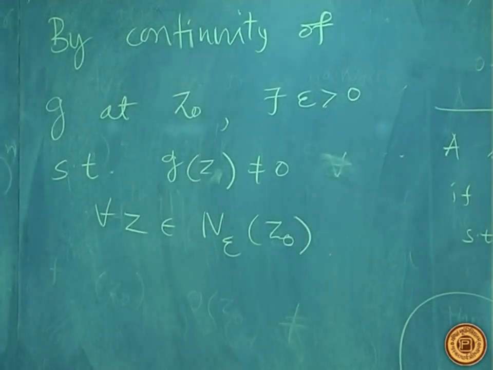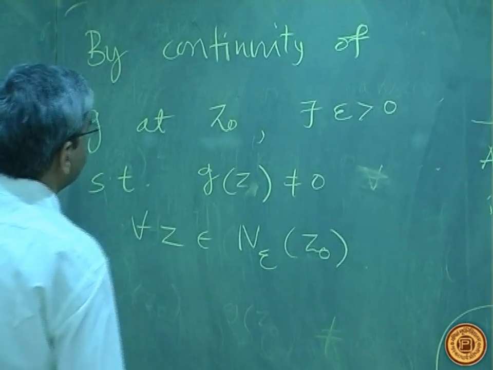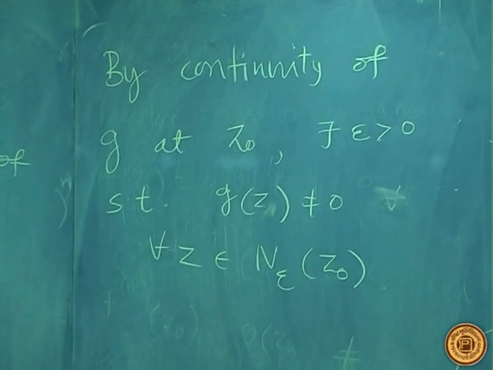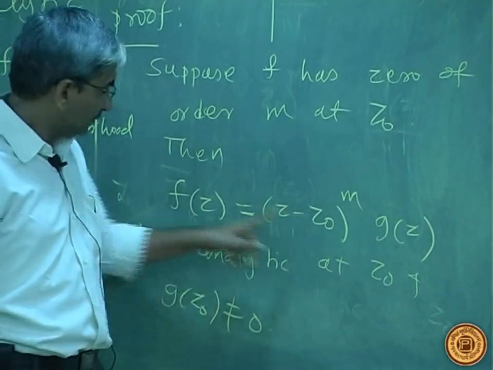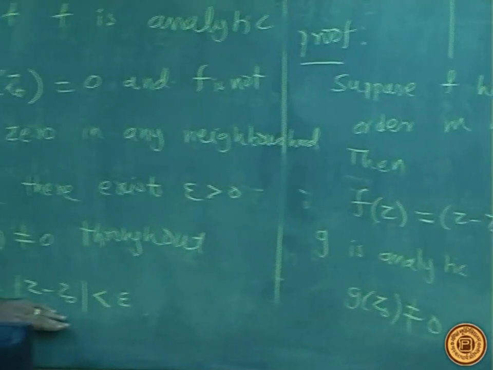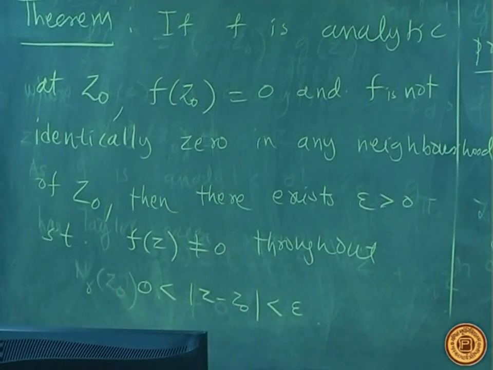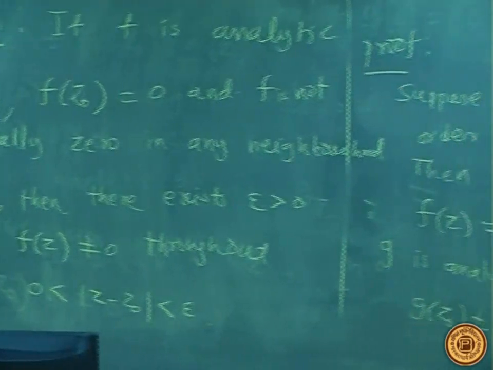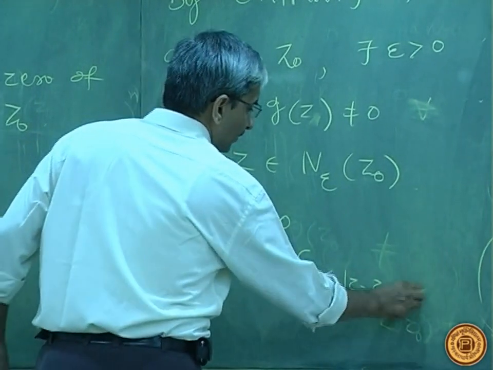If a function is continuous and non-zero at a point, then it is non-zero throughout some neighborhood of that point. Now this function is not 0 throughout the epsilon neighborhood, and the factor (z minus z0) to the power m is 0 only at z0, so f will be non-zero except for z0. Is this clear? That is what we wanted. So in the deleted neighborhood of z0, f(z) is not 0. Therefore f(z) is not equal to 0 for all z in 0 less than mod z minus z0 less than epsilon.